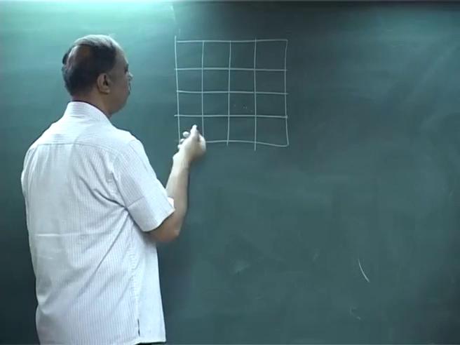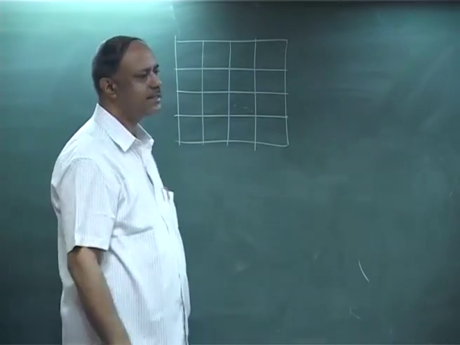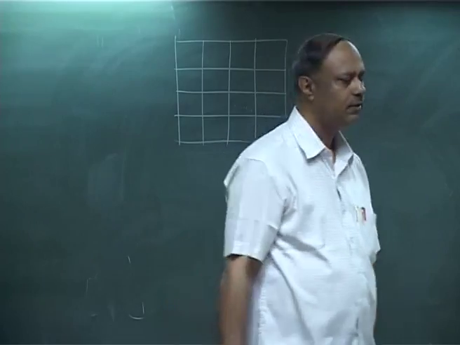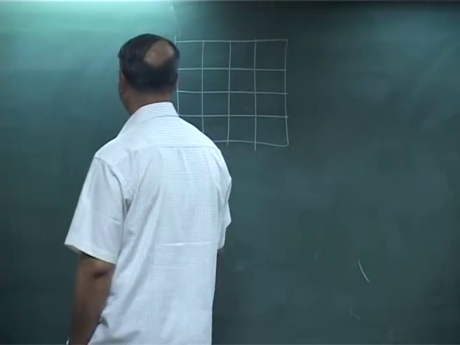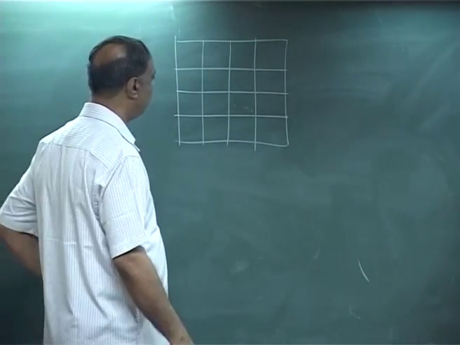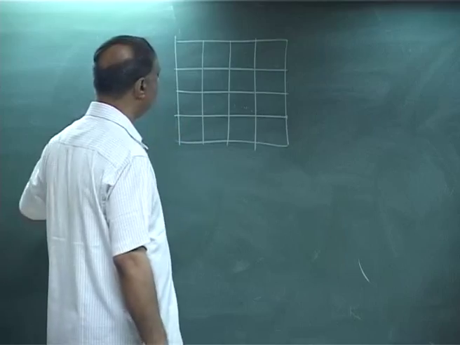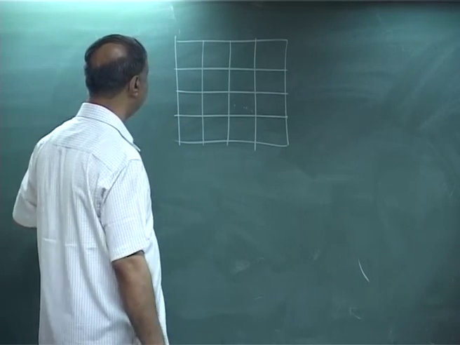Two queens attack each other if they are placed diagonally, in the same row, or in the same column. I have to put these 4 queens in such a way that they are not on the same diagonal, not on the same row, and not on the same column.